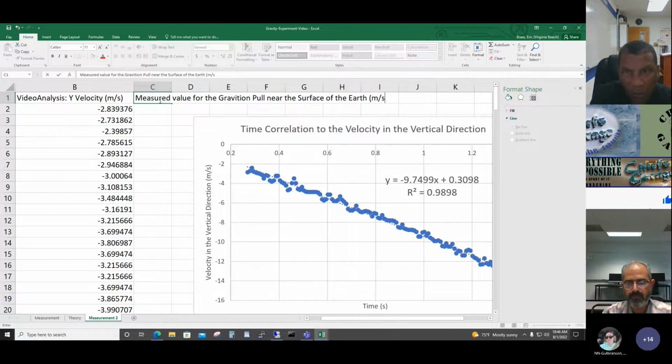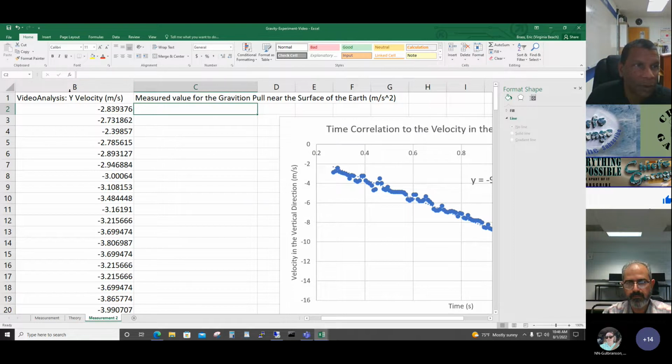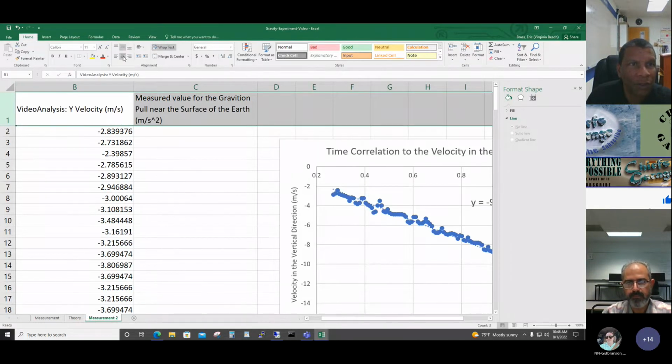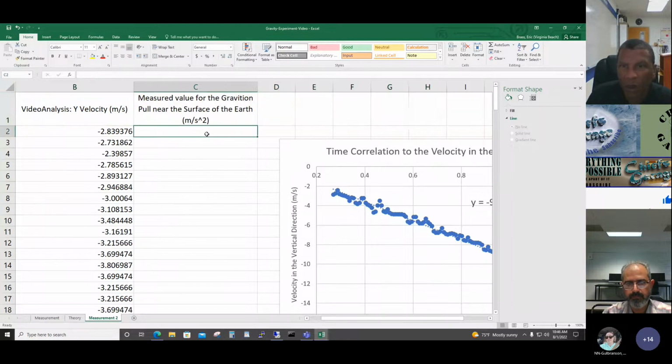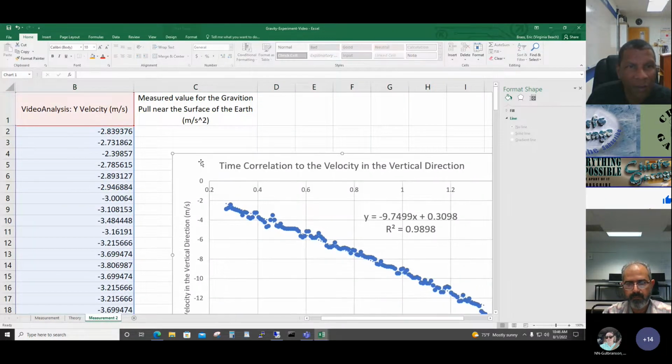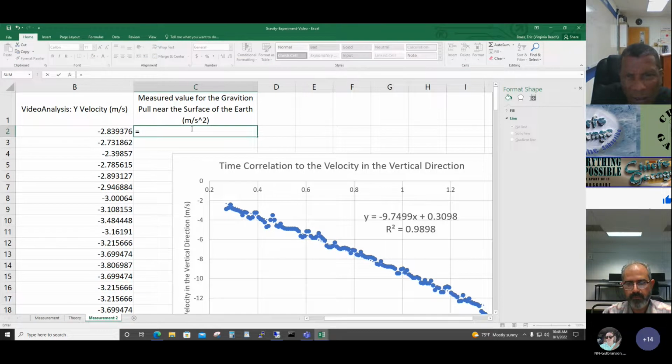Again, this is meters per second squared. So of course I'm going to center and middle align those things. And so here is that value. I'm just going to type that in. This is equal to a negative 9.7499. Okay.